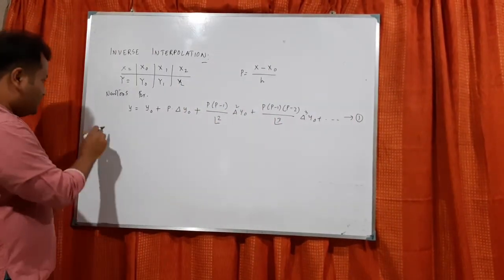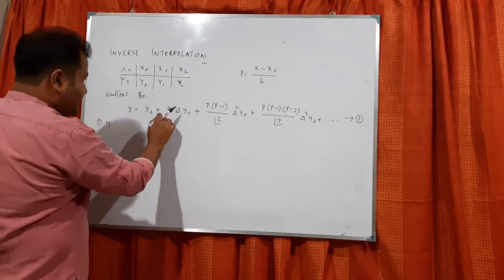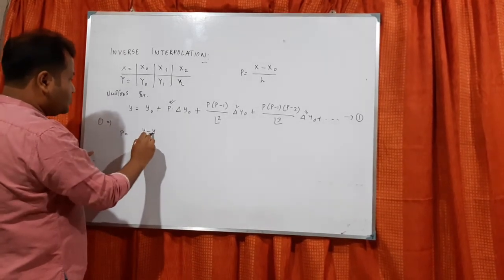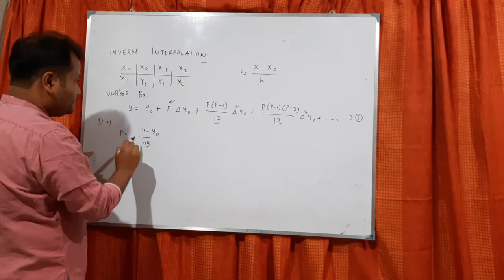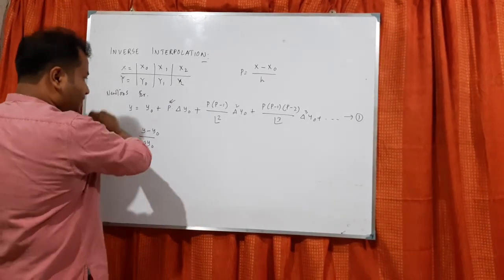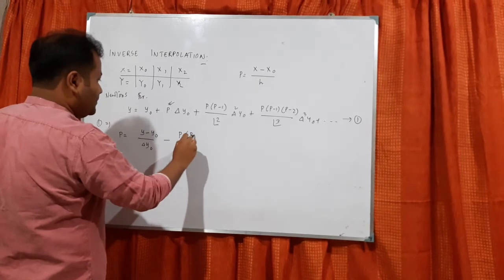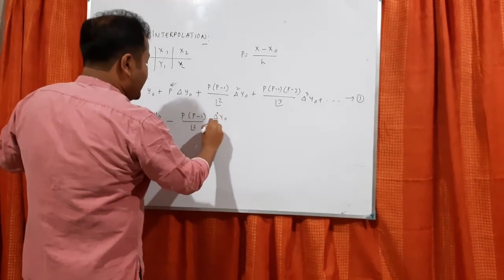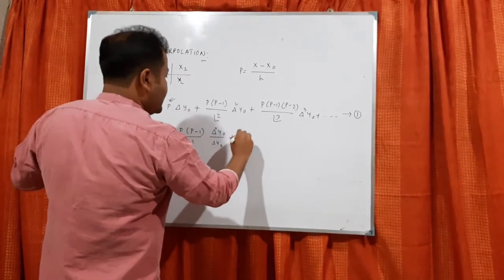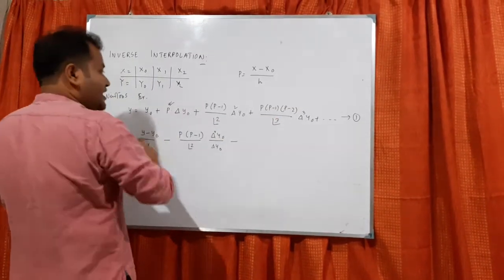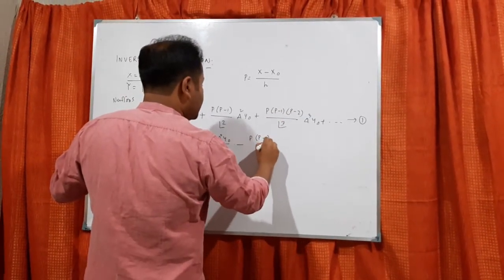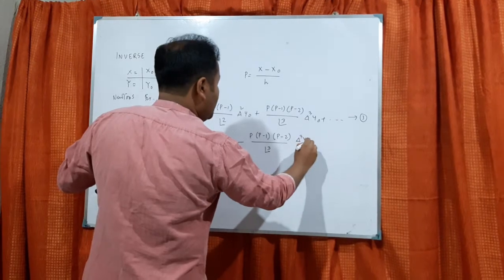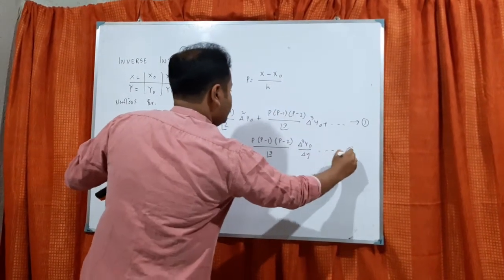From equation 1, can I write p equals y minus y0 divided by delta y0, minus p times p minus 1 by factorial 2 delta square y0 by delta y0, again minus because this will go on this side, minus p minus 1 p minus 2 by factorial 3 delta cube y0 by delta y0 and so on.